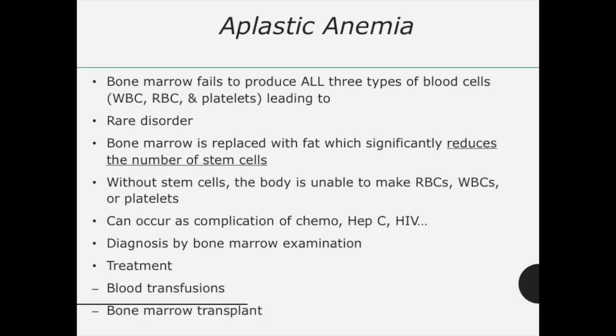And then colony stimulating factors may be prescribed to enhance bone marrow production. Corticosteroids and cyclosporine may be prescribed. And then the potential that you're going to administer blood transfusions if prescribed. When you do that, you'll want to monitor for signs and symptoms of a reaction.